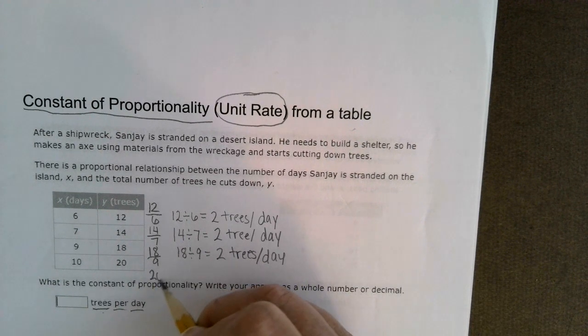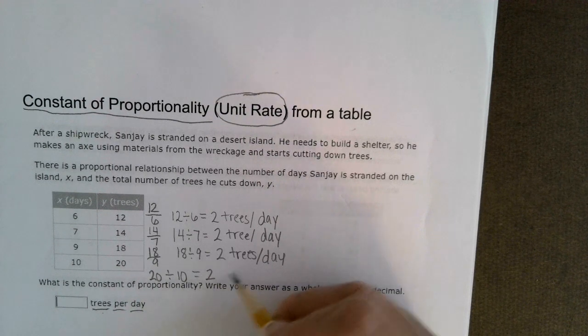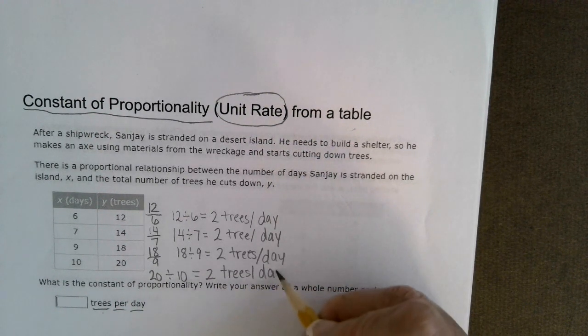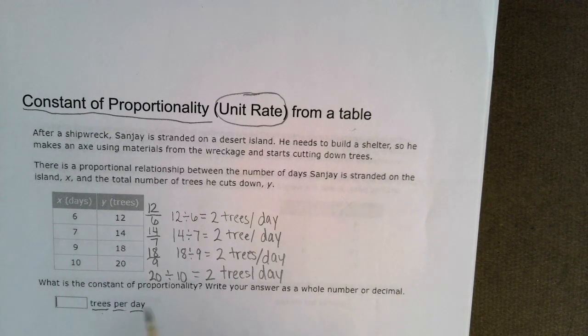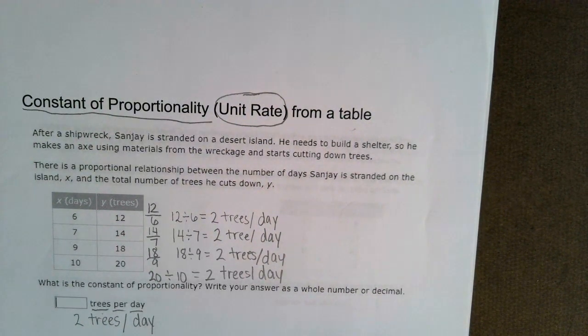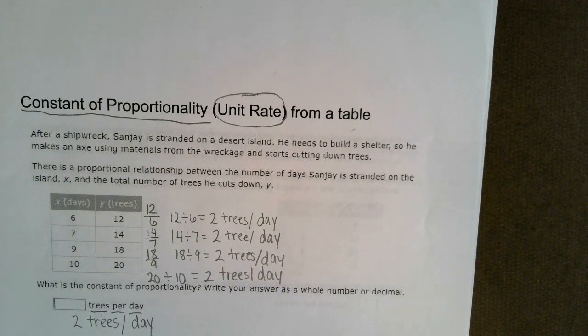And then 20 divided by 10 is also going to give me 2 trees per day. So our constant of proportionality in this particular chart is 2 trees per day. And anywhere you go in that table, you're going to get that same unit rate of 2 trees per day.